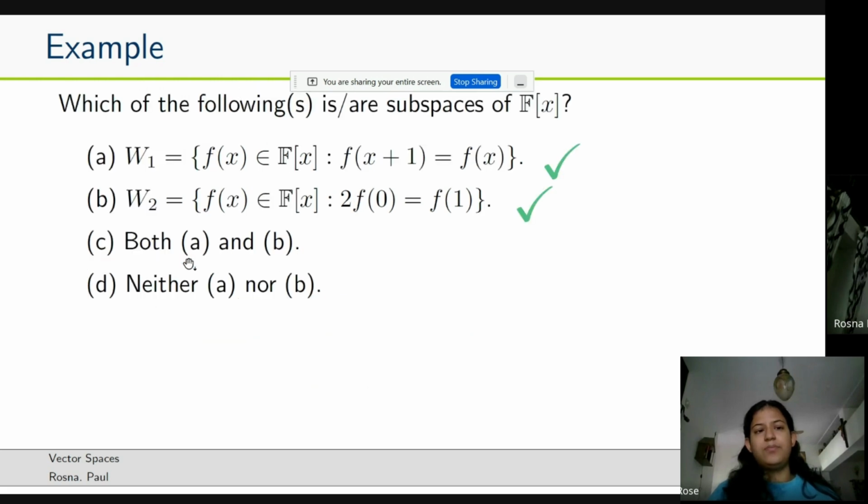In this case, both W1 and W2 are subspaces of our polynomial vector space, so actually option C is correct. If it is a question where only one answer is correct, then C is correct. If it is a multiple-select question, sometimes they also want these two things to be marked. I hope this is clear.